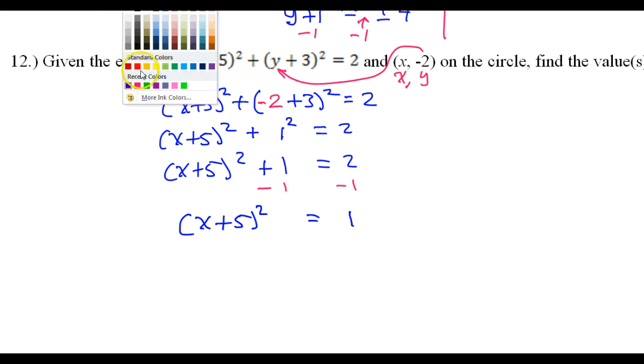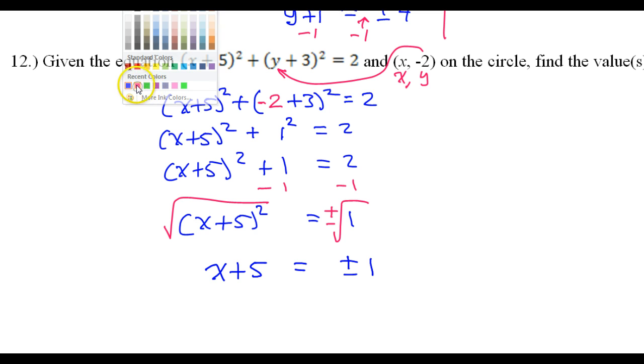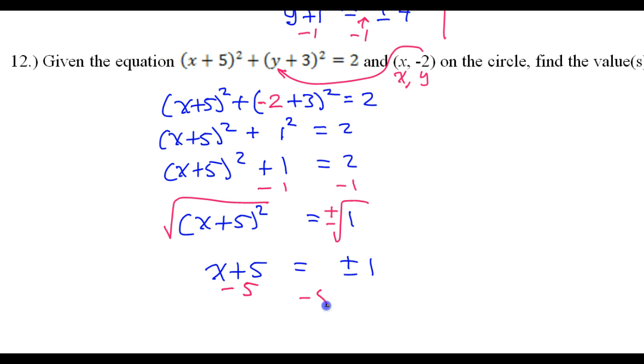And then I will take the square root of both sides to unsquare this. Do not forget your plus or minus whenever you take the square root of both sides. So that's going to give me x plus 5 is equal to plus or minus 1. So then when I subtract 5 from both sides, I put the negative 5 in the front. So I will have x equals negative 5 plus or minus 1.